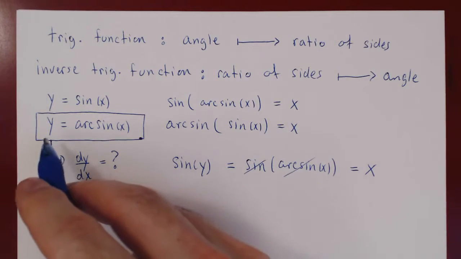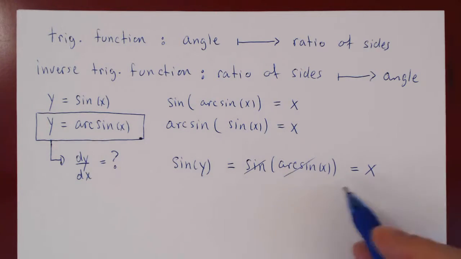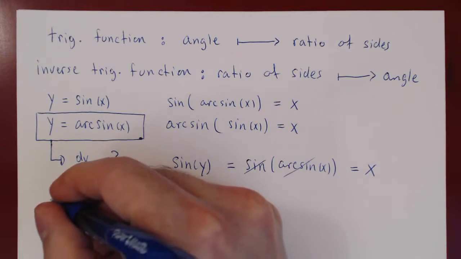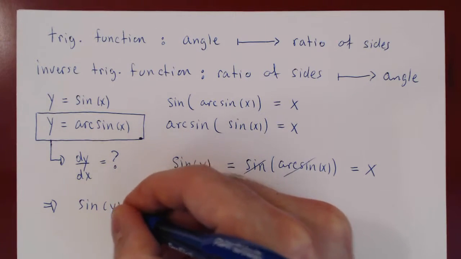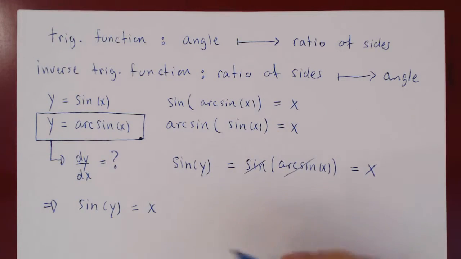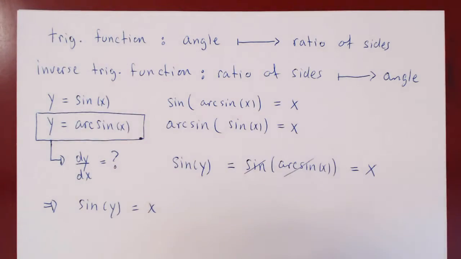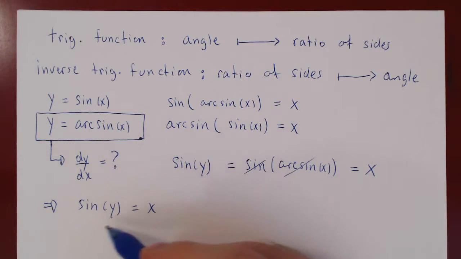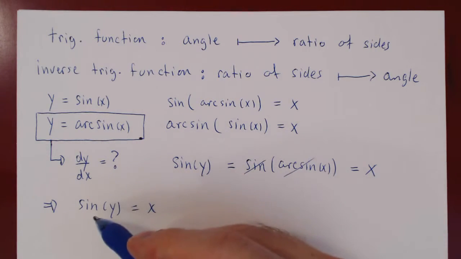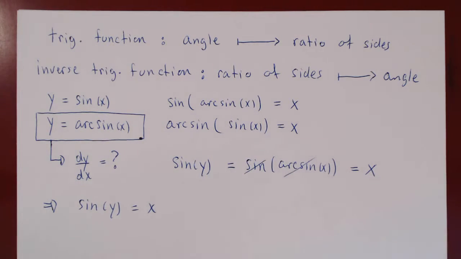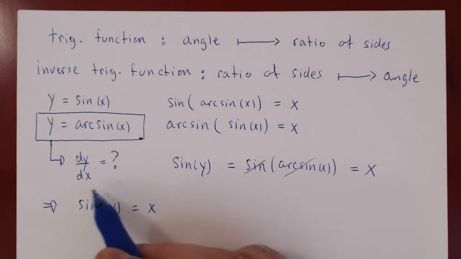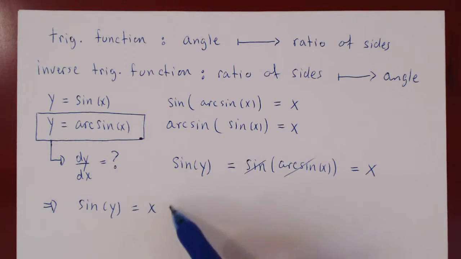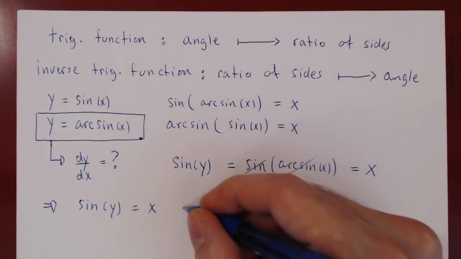Then we have the relationship y equals arc sine of x in a different form, simply as sine of y equals x. Both equations are equivalent, but now the inverse trigonometric function is gone, and we can differentiate using implicit differentiation. We know that y is a function of x, namely arc sine of x. So sine of y is a function of x. This is a function of x also.